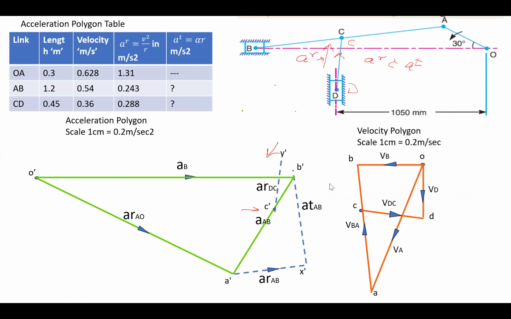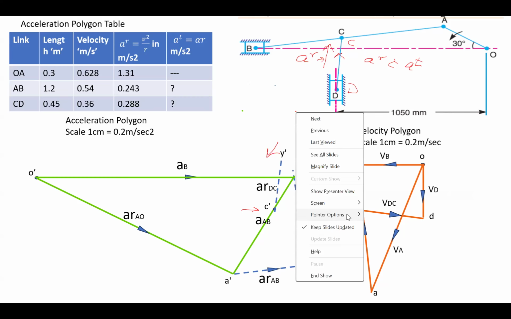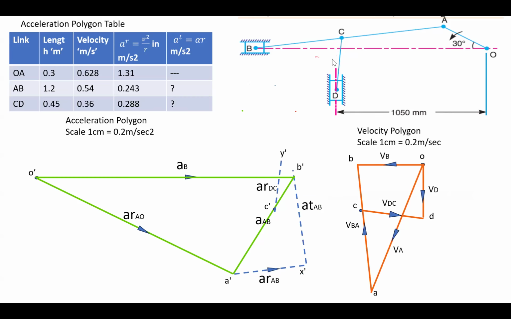Now another component of acceleration for this link CD is the tangential component, which is perpendicular. So tangential component to CD is drawn where your radial component ends. Your radial component ends at the y dash. Draw a perpendicular line to the CD from y dash. So this is the tangential component of CD.